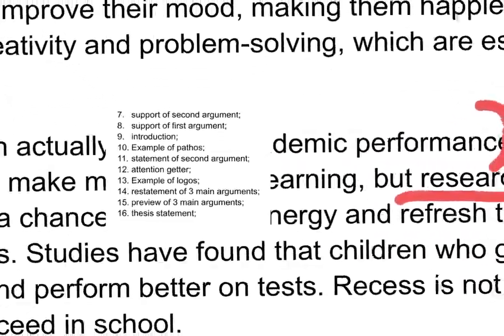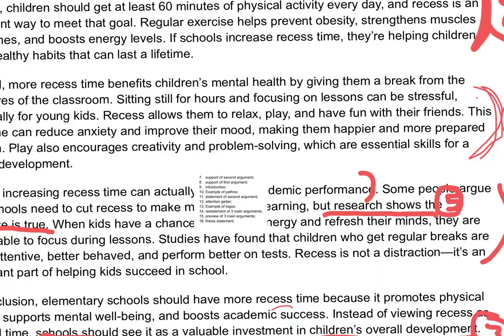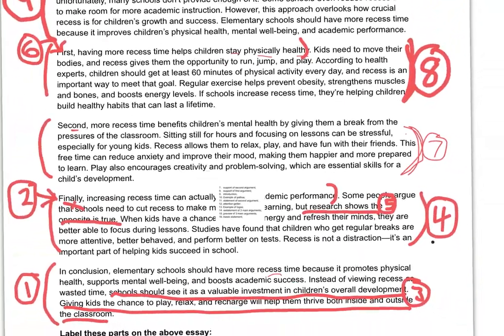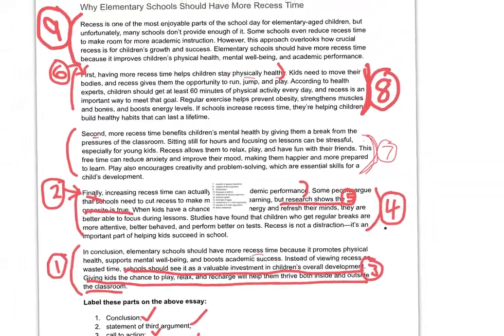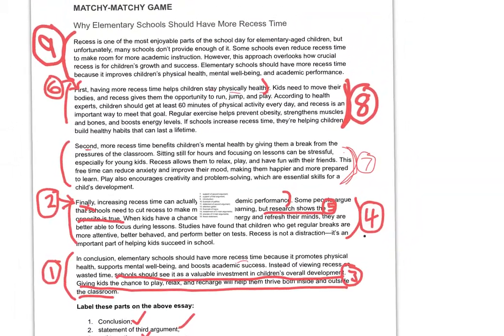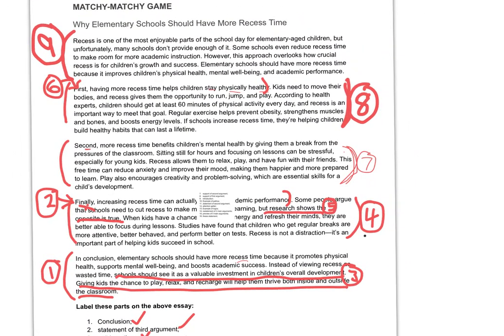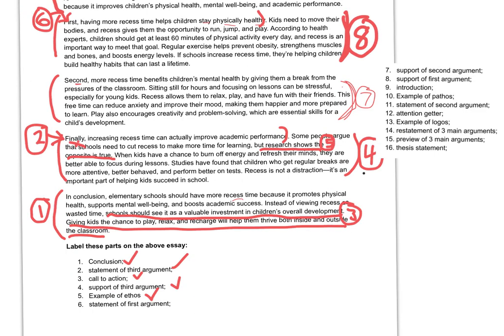is number 10, example of pathos. Pathos is feeling, talking about, appealing to the audience's feelings. Let's see if we can find something like that in this essay. All right, I've been looking and I think I found one here. Have you been looking too?